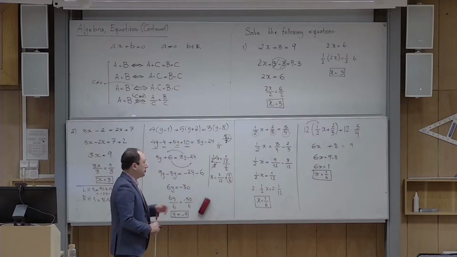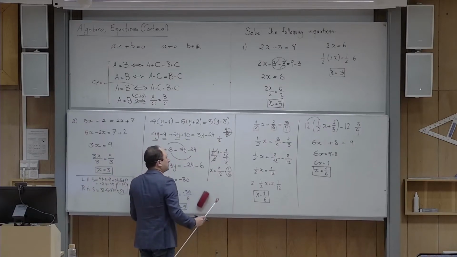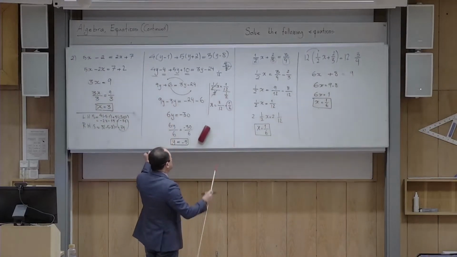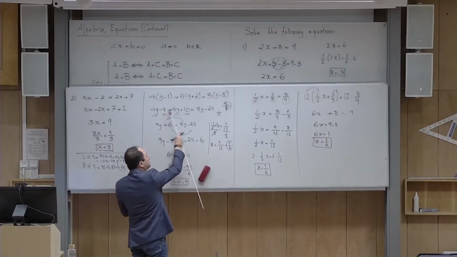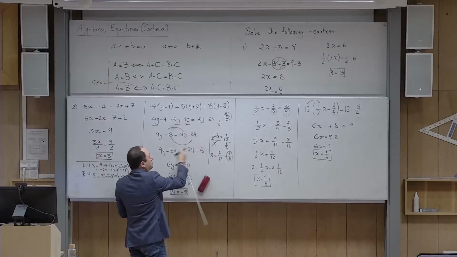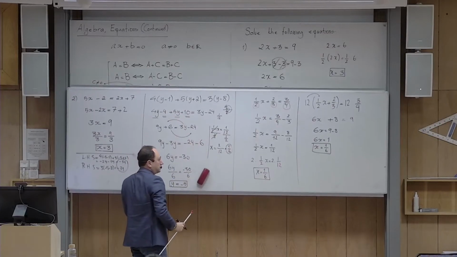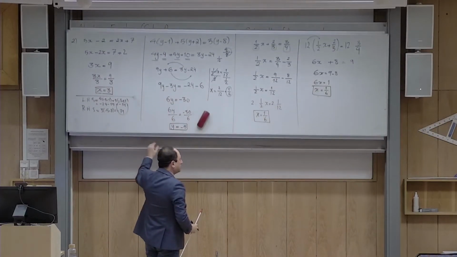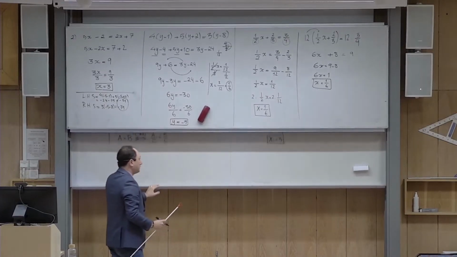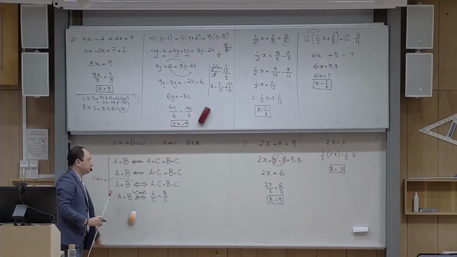Okay, so let me give you some examples of this type, now that we know how to solve equations with fractions, because there is nothing very deep here. You just multiply, move things around, and then divide at the end to find your y. But what happens if I have fractions involved?